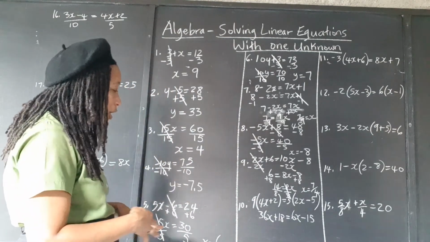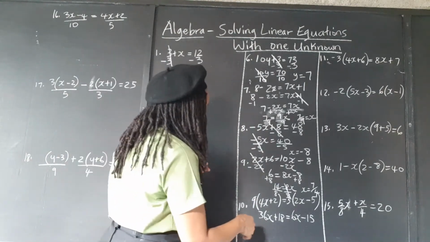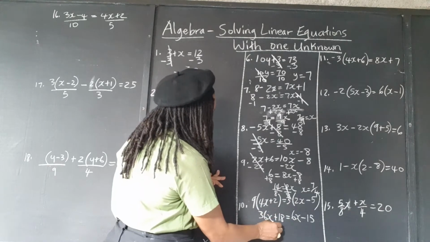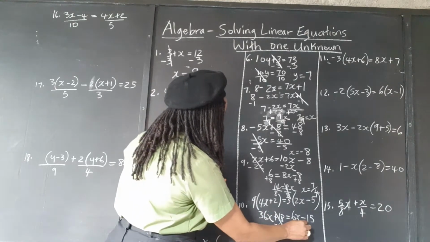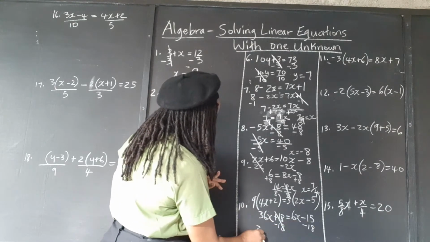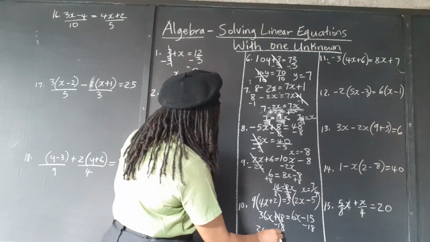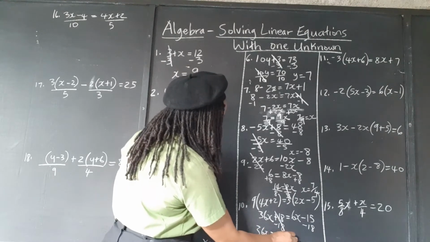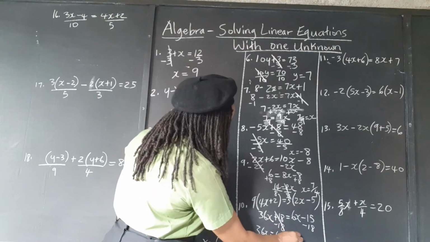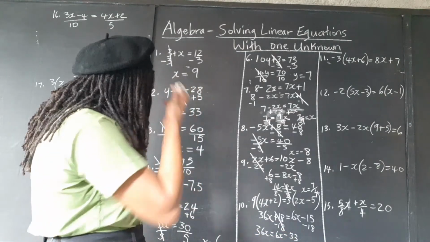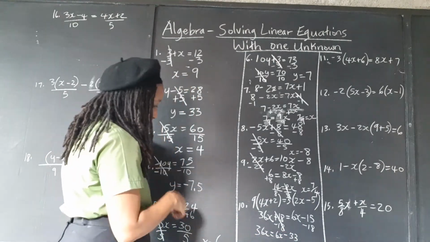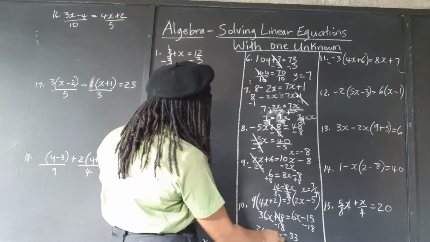Now we're grouping our like terms. So we're going to first take 18 from both sides. So we have 36x is equal to 6x minus 33. And now we're going to take 6x from both sides.